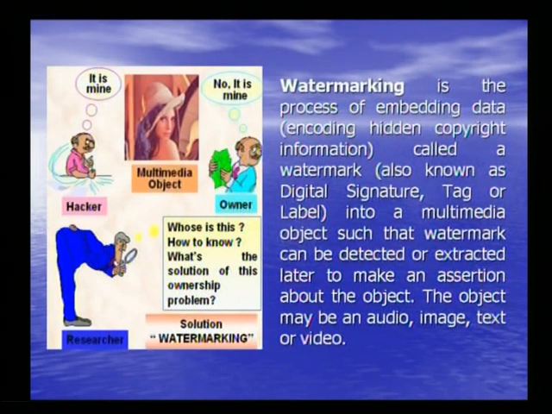Watermarking is the process of embedding data, sometimes hidden copyright information, called a watermark, also known as signature, tag, label, copyright protection, etc., into multimedia objects such that the watermark can be detected or extracted later on to make an assertion about the object.